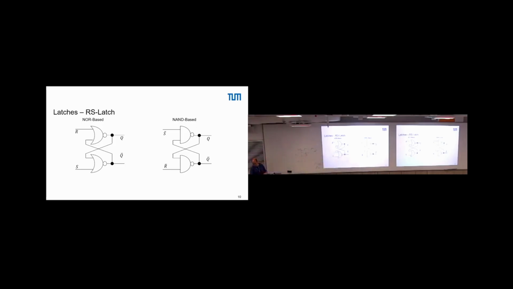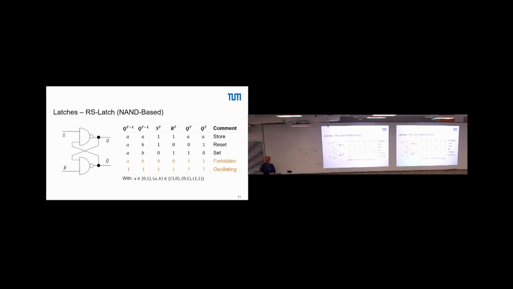Now, let's look a little bit into the states that we have, what happens here, because that shows us why these latches are at the end not what we want to have for digital circuits. Or only with, let's say, taken with care.